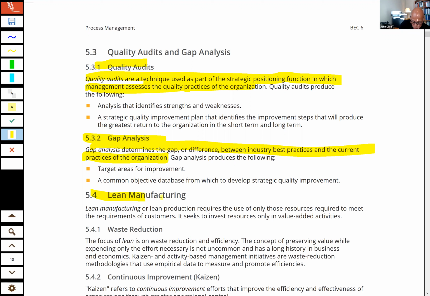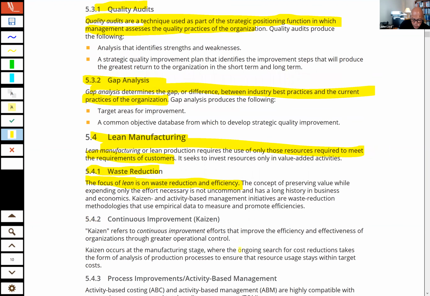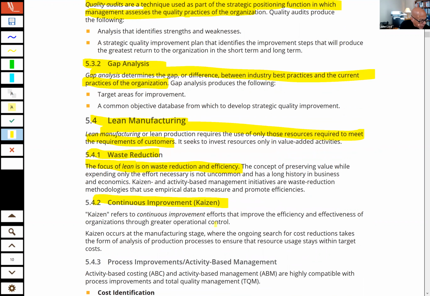Lean manufacturing, or lean production, requires the use of only those resources required to meet the requirements of the customers. The focus of lean is on waste reduction and efficiency. Continuous improvement, which we've already talked about, but now we're going to put a name on that, which is the Kaizen process.